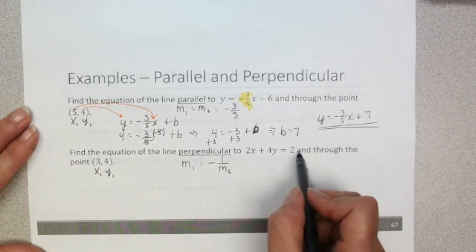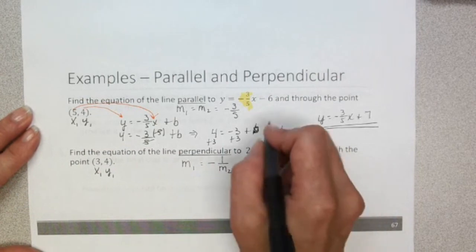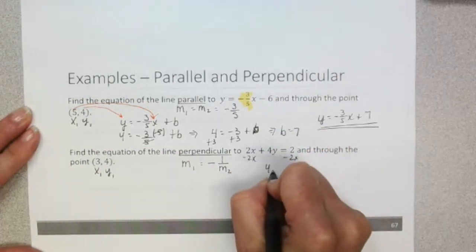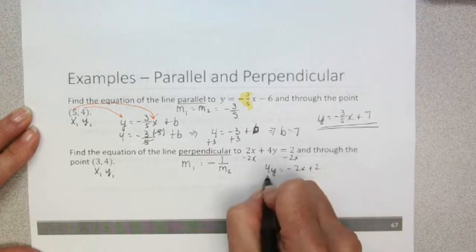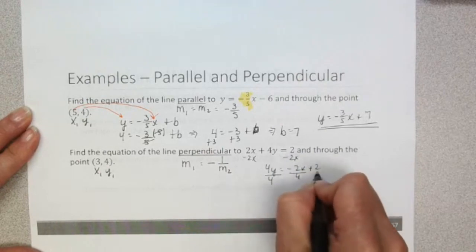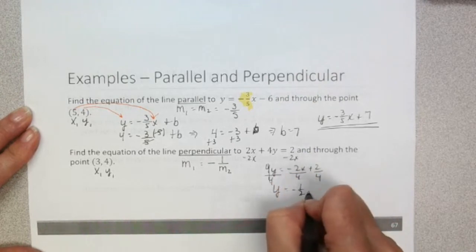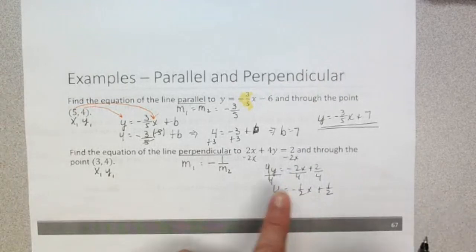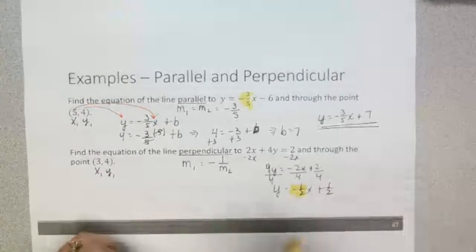So let me solve for y, put it in slope-intercept form, and then we'll know what the slope is. All right, so let's subtract a 2x from both sides. So then 4y is going to be negative 2x plus 2, and divide everything by 4. So y is equal to negative 1/2 x plus 1/2. So my slope of the given line is negative 1/2.